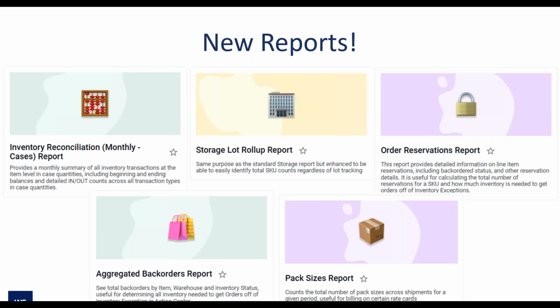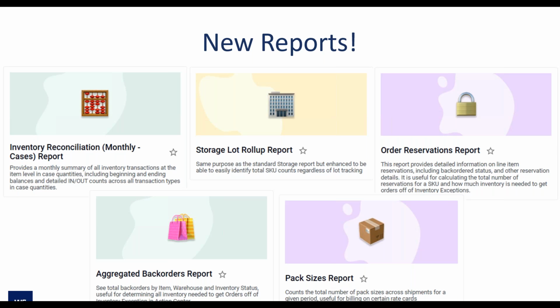And then, of course, we've added a lot of new reports here. So I'm going to quickly run through what they are now, but there is a knowledge base that spells all this out too. You can see here we have the inventory reconciliation report, which allows you to view inventory in case quantities, not just bottles.